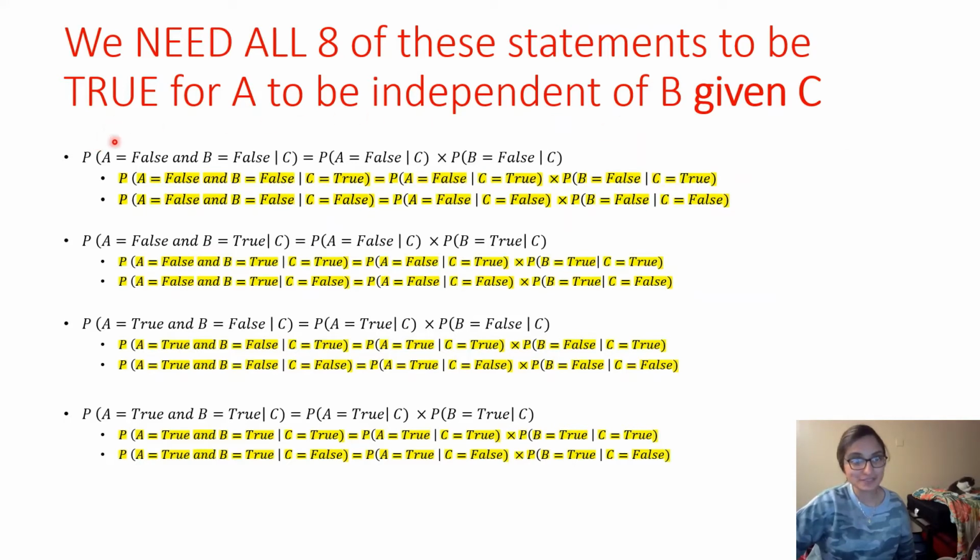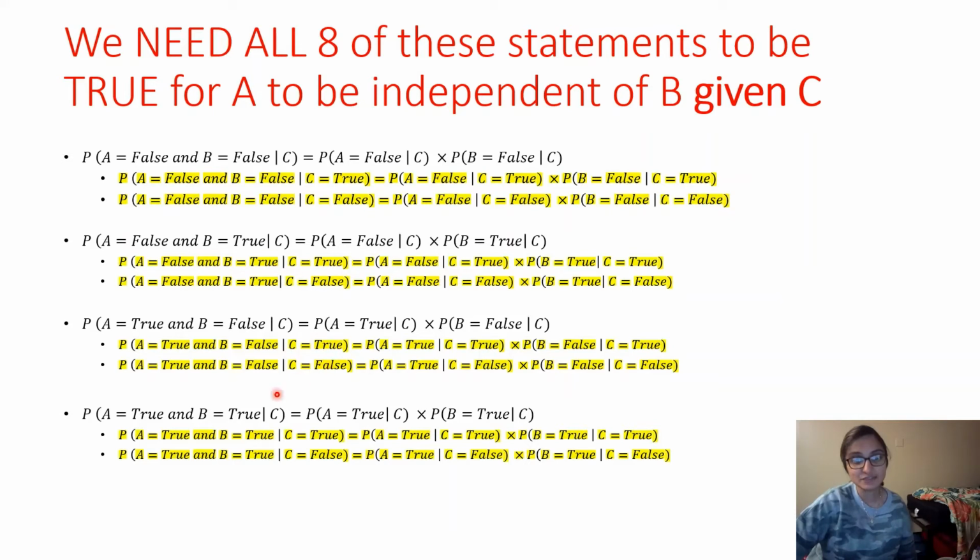So, these are the 4 statements we were talking about before. Probability A is false and B is false given C equals probability A is false given C multiplied by probability B is false given C. So there are these 2 outcomes of C, C being true or C being false, and we need to condition on each of those. So again, you see 2 for each, when C is true and when C is false. So for each of these 4, we're considering C is true and C is false.